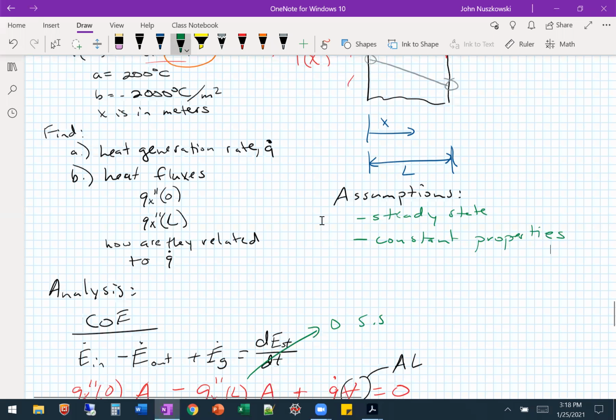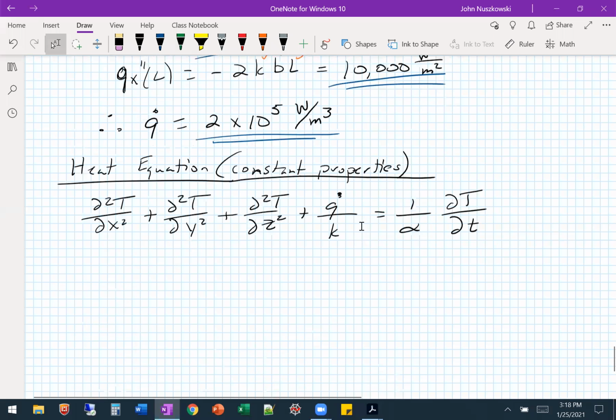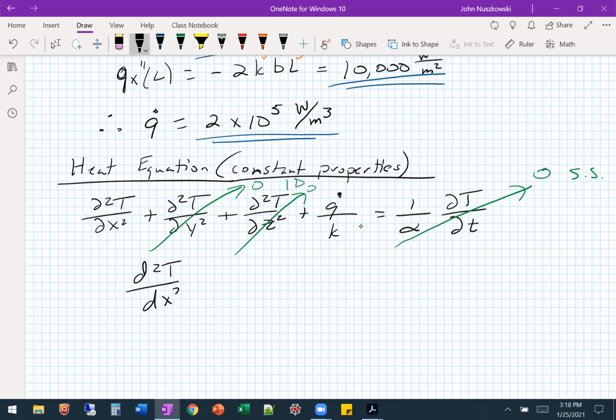And then we say steady state up here, so let's put that one in. Steady state, that's that one. What else can I assume on this equation? 1D. Yeah, so we have just a plain wall, x direction, so there's no two-dimensional or three-dimensional conduction. So we simplify this, and it ends up just being an ordinary derivative. There's no y, no z, no t, so we don't have to do the partial anymore. Temperature is just a function of the x direction.